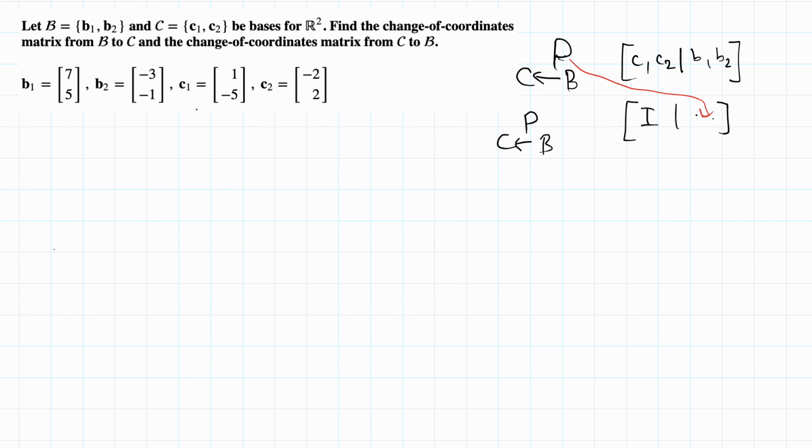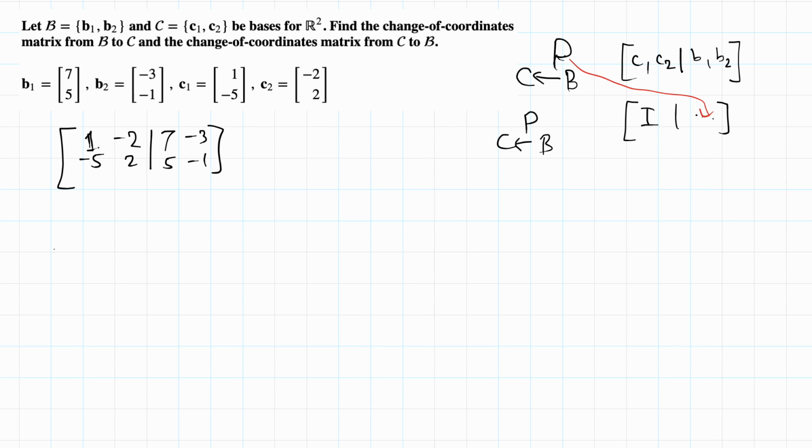In R2, we can easily find the inverse. Okay, so let's find the first one from B to C. So C1, C2 means 1, negative 5, negative 2, 2, and B1, B2, 7, 5, negative 3, negative 1. So we do row operations and change this into 1, 0, 0, 1.